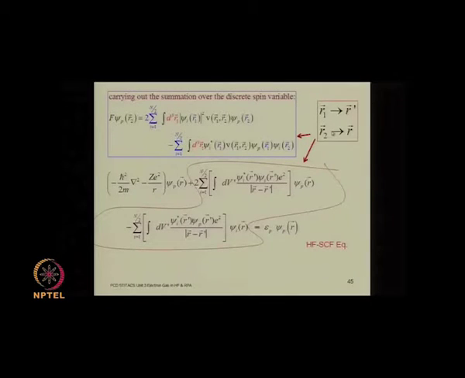So, we are equipping ourselves with a certain notation which is convenient for us to develop subsequent analysis of the random phase approximation. And if you now do a little further transformation of variable, what you have done is, in this term you recognize that instead of R2 you have used R, and instead of R1 you have used R prime.